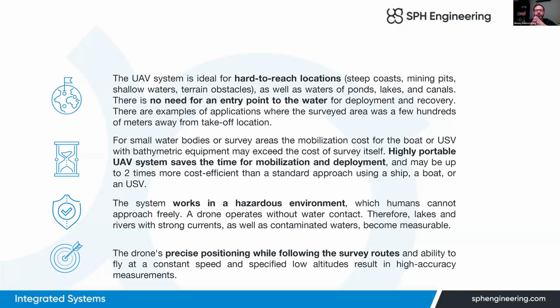For example, you physically cannot deploy a boat because of a steep coast, or access to the water or liquid is restricted for safety reasons. With a drone-borne system, you do not even need to be close to the water body. We have cases from our customers where the takeoff and landing position of the drone was hundreds of meters from the surveyed ponds.